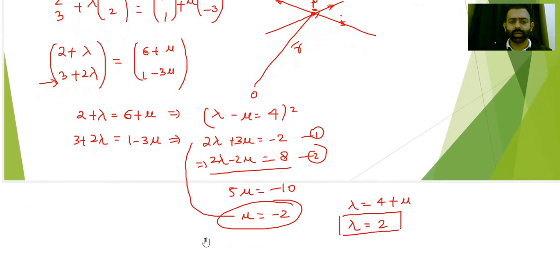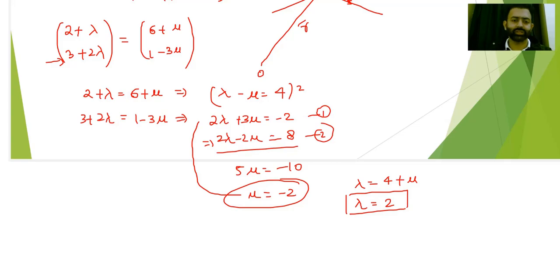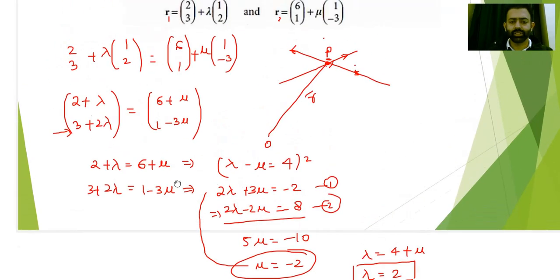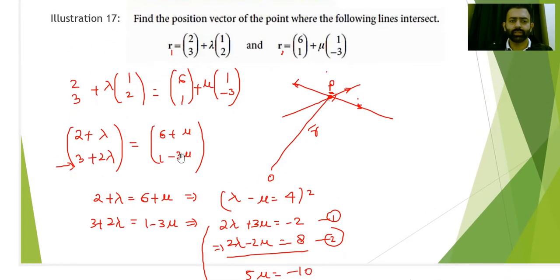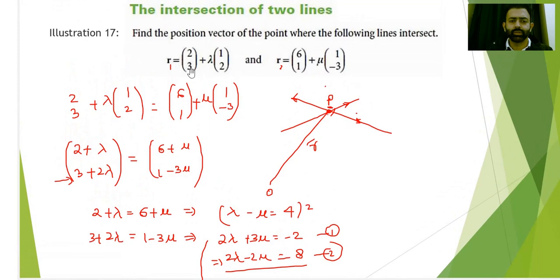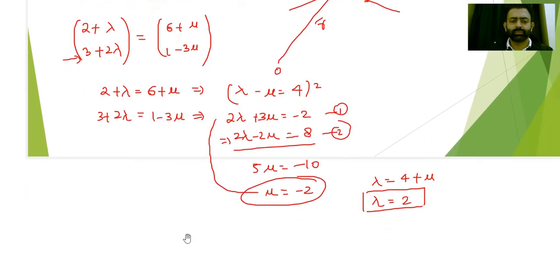So my position vector of the point of intersection will be, let's put lambda in equation 1: (2, 3) plus lambda times (1, 2). Putting the value 2 in this vector, your required position vector will be (2 plus 2, 3 plus 2 into 2).